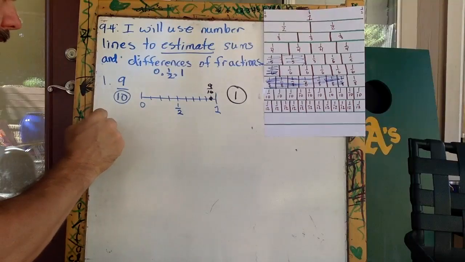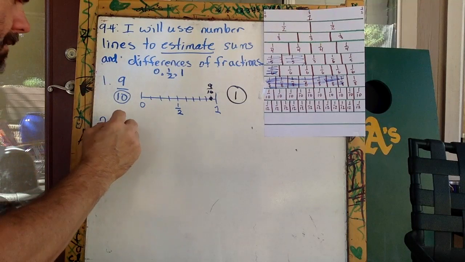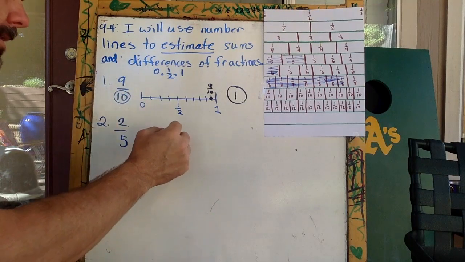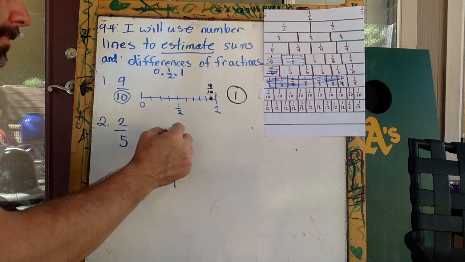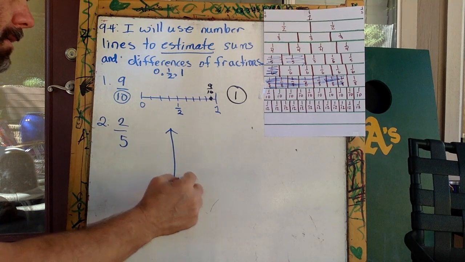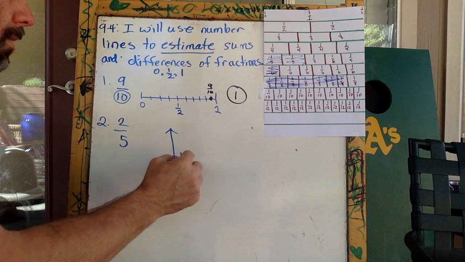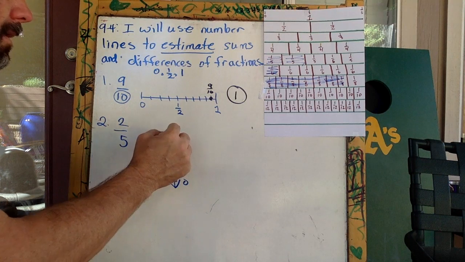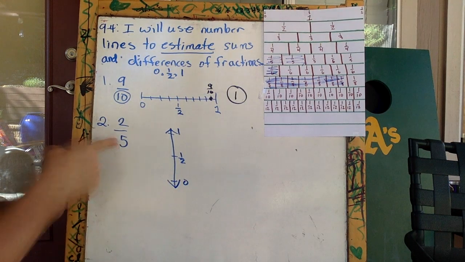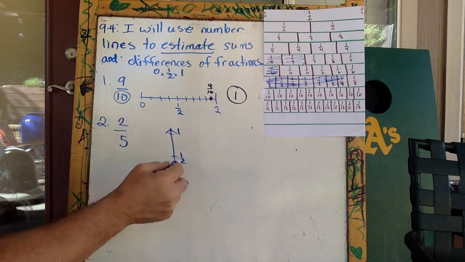Let's try a fraction. Next one is going to be 2/5. Well, wait, that wasn't our problem actually. This one I'm going to do a vertical number line, so you can see the difference. Again, it's 0, 1/2, 1 whole. I know that my denominator 5 is telling me I need to divide this into fifths.